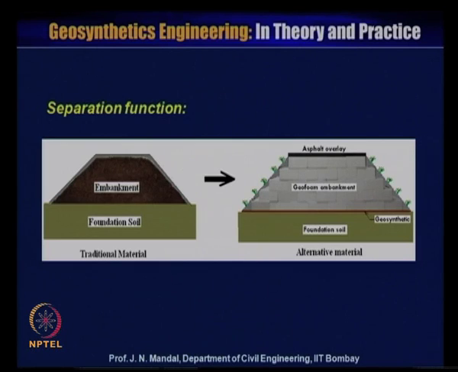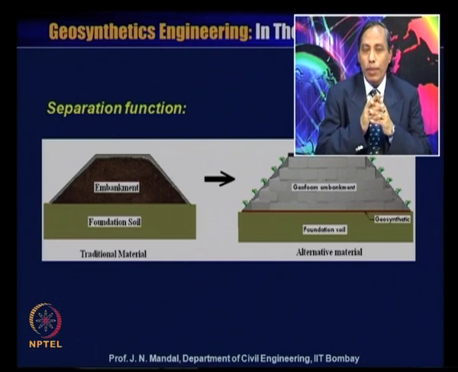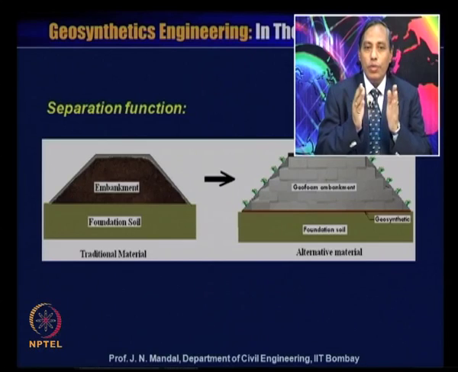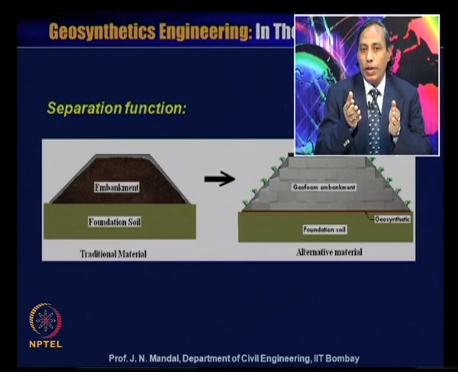Now look at this slide, the separation function. In the traditional method, on top of the foundation soil you are constructing the embankment. Sometimes you go for improvement of the ground using sanding, piling, or any stabilization system or stone column system.